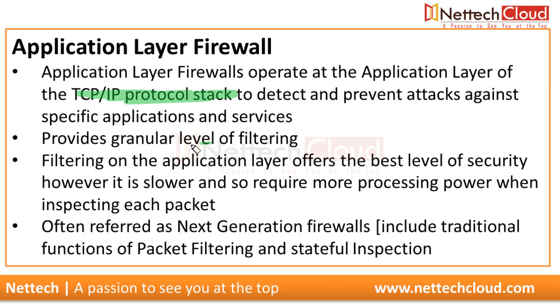Granular level of filtering, of course. Filtering at the application layer offers the best level of security, however it is slower and requires more processing power when inspecting each packet, often referred to as next generation firewalls. Next generation firewall, because it includes traditional functions of packet filtering and stateful inspection both.